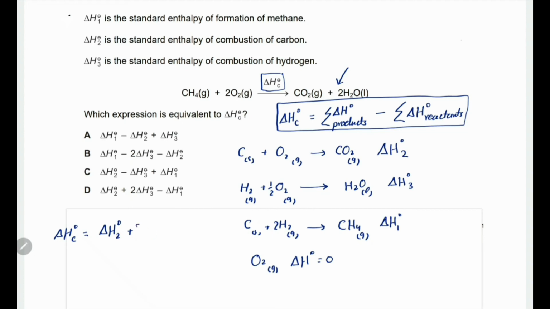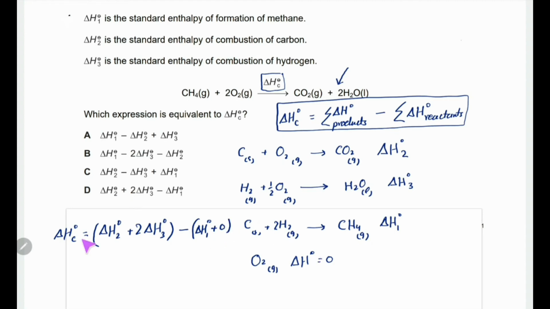So we will place 2 here, and delta H naught 3. This will give the summation of enthalpy of products minus the summation of enthalpy of reactants. In the reactants, we have methane, and methane's enthalpy is given as delta H naught 1. So we will get delta H naught 1 plus the enthalpy of oxygen, that is 0.